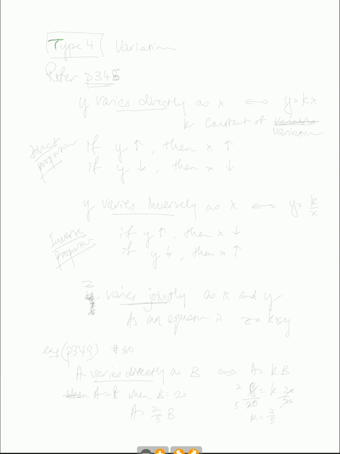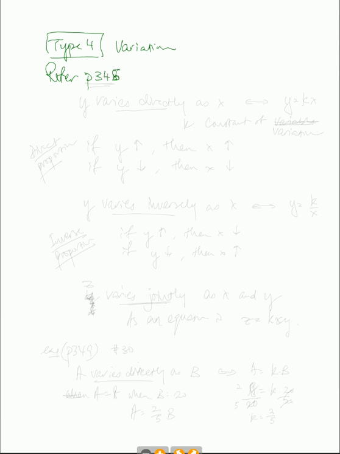Okay, let's look at the last type of word problems that's discussed in the book in this section. And this last type is called variation. So under variation, there's a few types. You might want to refer to that table that's in your book. The table is found on page 345.